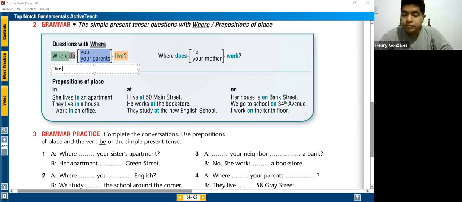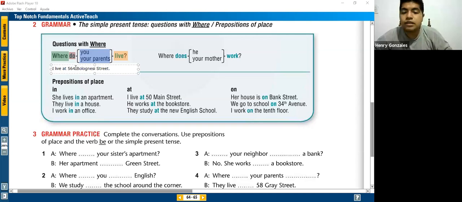For example, I'm going to say an address. I live at 564 Bolognesi Street, for example. Supongamos, estamos en la calle Bolognesi.